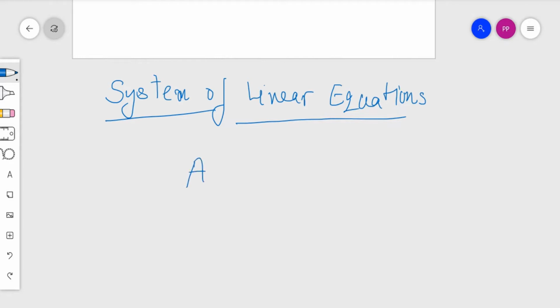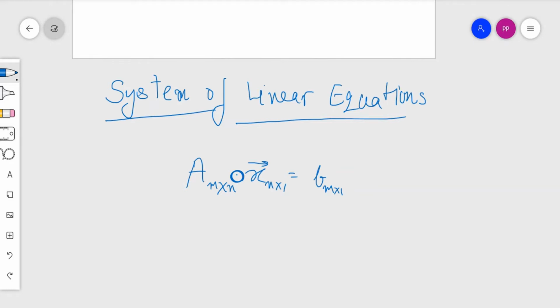This is vector X multiplied with matrix A. So definitely matrix A is m by n matrix. Vector X is n by 1. To show it as a vector, I give the arrow. You can always give the sign of Hadamard product, then the vector B with m by 1 order, that is m elements with m rows and single column.